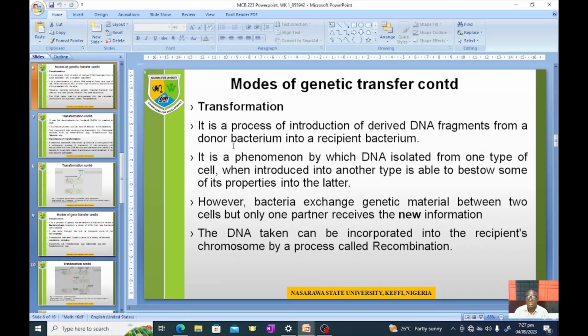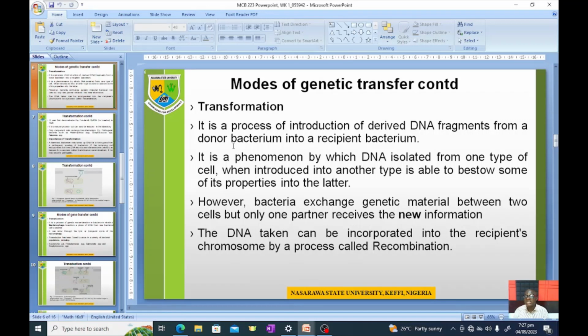However, bacteria exchange genetic material between two cells, but only one partner receives the new information. Get this clear. The information being given was originally in the donor.